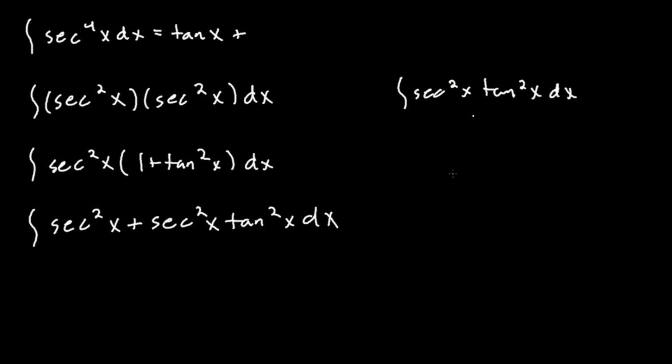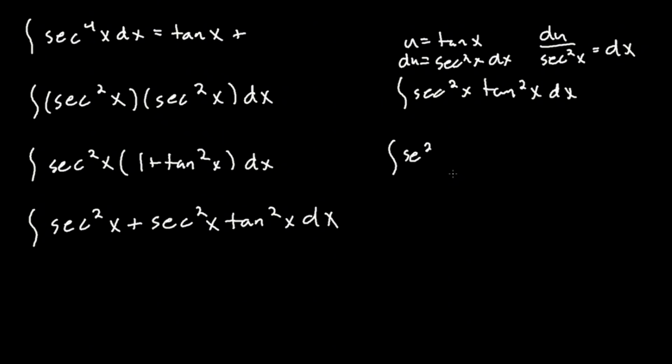Well, again, u substitution. Secant squared is the derivative of tangent. So we can set tangent equal to u, and we can set du equal to secant squared of x dx. So therefore we can set dx equal to du over secant squared of x. All right, so let's go ahead and replace everything.